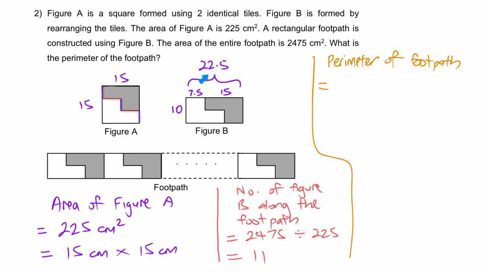So how many 22.5 again? 11 over here and another 11 22.5. So that is 22 of the 22.5 cm plus the 10 and the 10, 20 cm to give us the answer of 515 cm.